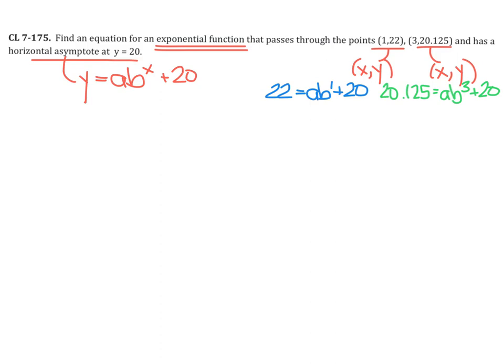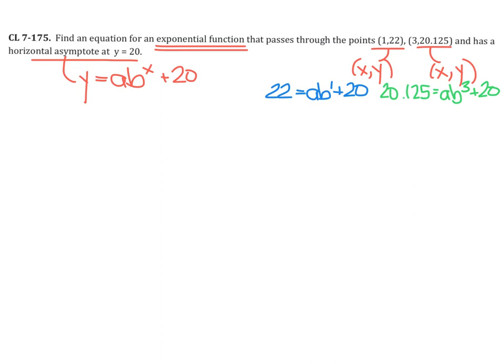I used substitution. Then I created 20.125 equals ab to the third power plus 20. And again, I plugged in 20.125 for y and 3 for x. Because if those points are on that function, if they're solutions to that function, it means they should satisfy or work when we plug them into the equation.